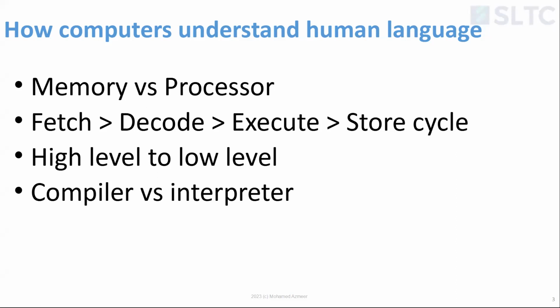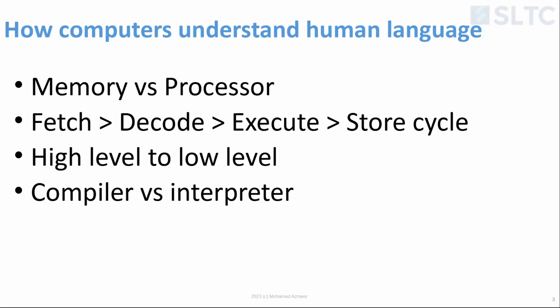This memory, I'll show you how it looks like. So it's a bunch of boxes. Now each box has a certain thing. Let's say the first box has some instruction, second box might have some data, third box might have another instruction, and it's like that. And the processor, we call it the brain of the computer, starts from the first memory location, takes that in, and then tries to understand what to do.